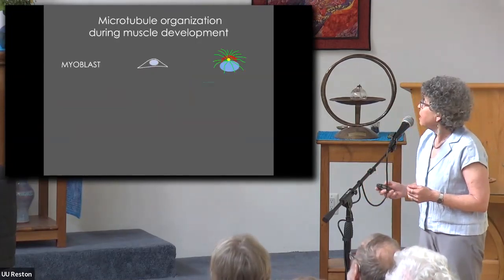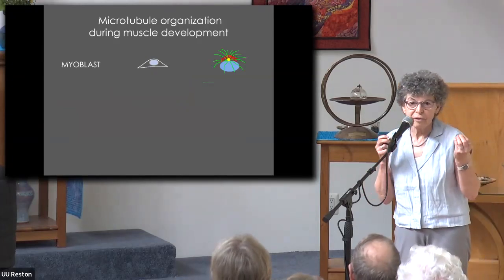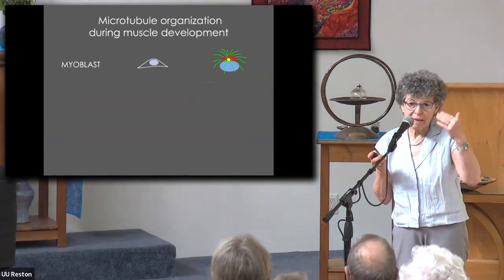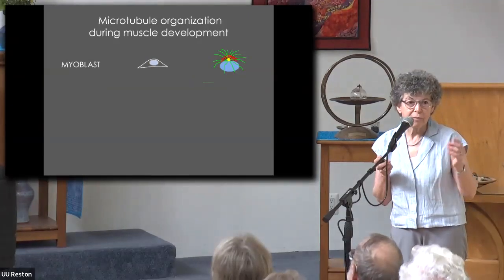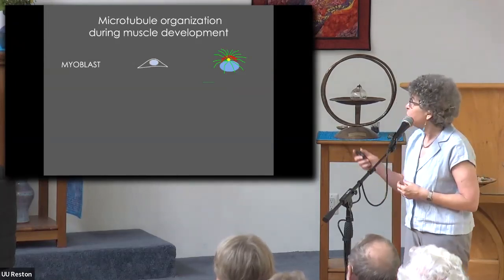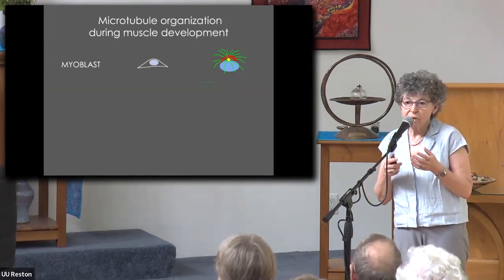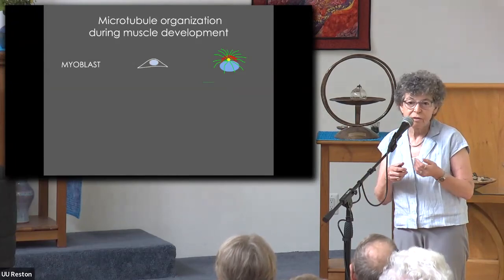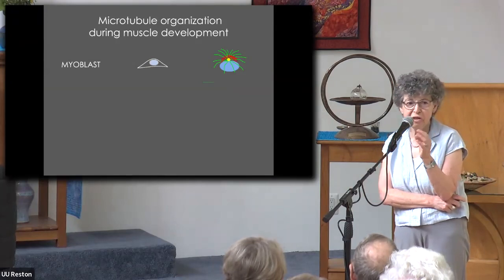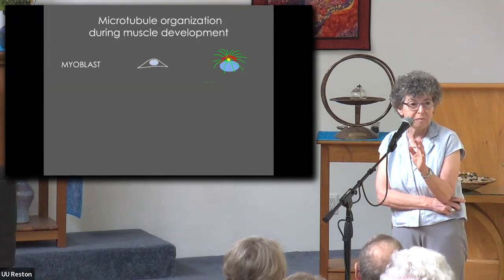So now what I want to show you is how the microtubules are put together, what's called nucleated. I talked to you about the development of muscle from a precursor cell, sometimes called a stem cell, and actually called a myoblast. If you read a scientific journal, even if it's not very specialized, if you see myo, it has nothing to do with a condiment, but in general it has something to do with muscle.